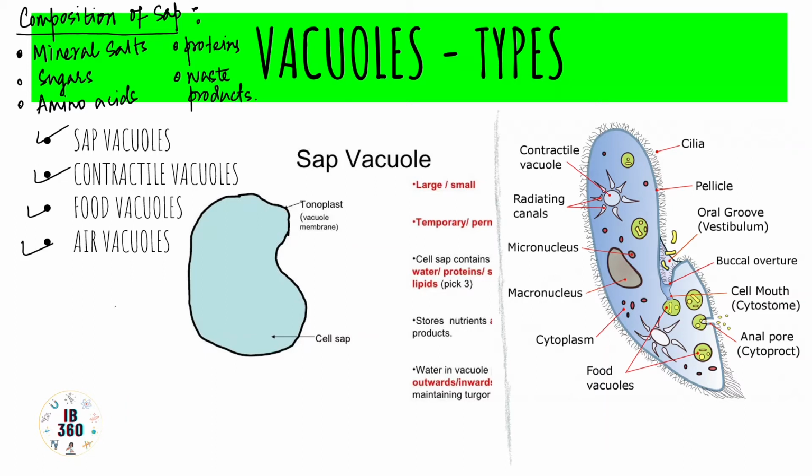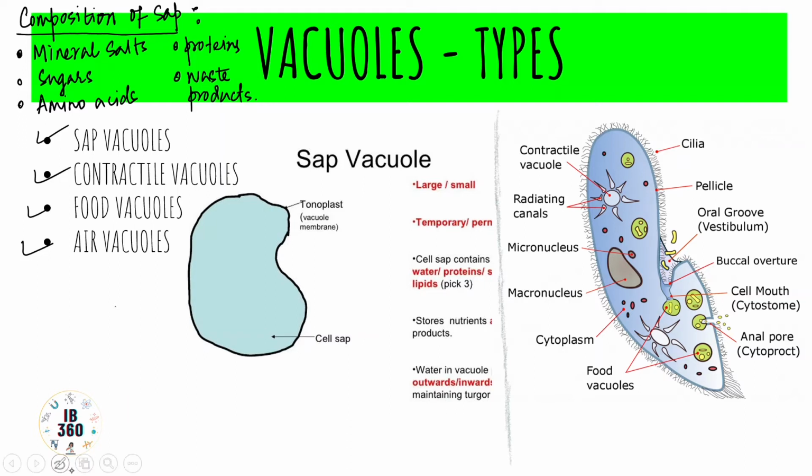So these are the primary constituents of the sap. Some crystalline deposits may also occur, but not always. Another very important constituent of this sap is the water soluble pigments known as anthocyanins and anthoxanthins.